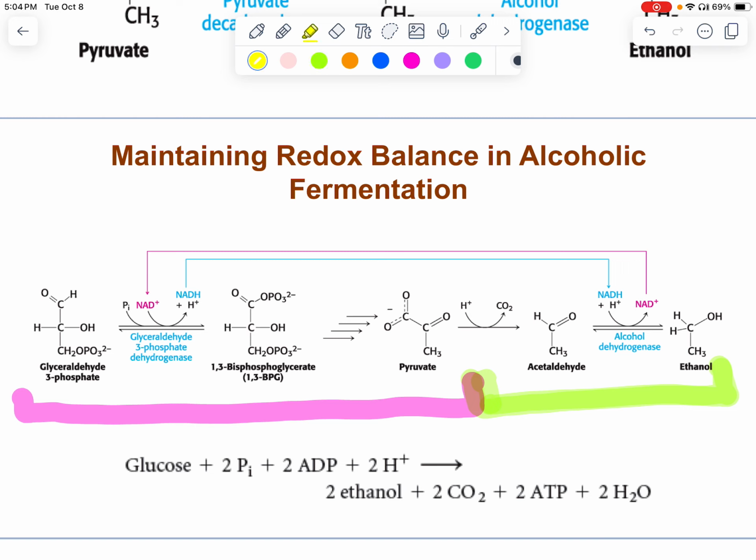Back in this early reaction, we had this co-substrate of NAD+, and it was reduced to form the NADH. And now, over here, we can oxidize that, and we get that NAD+ back. So it can feed back into the cycle and allow that glycolysis cycle to go on longer, because we have that NAD+.